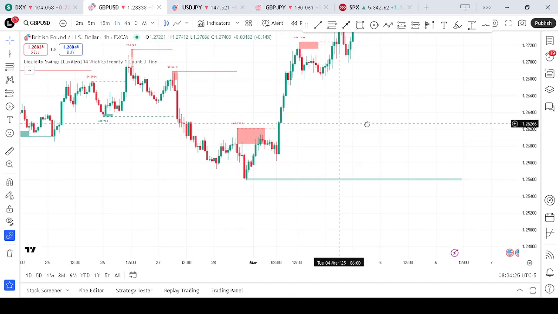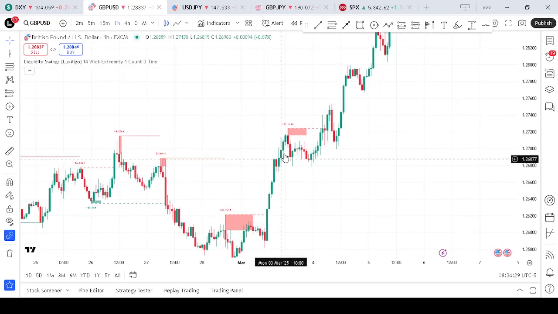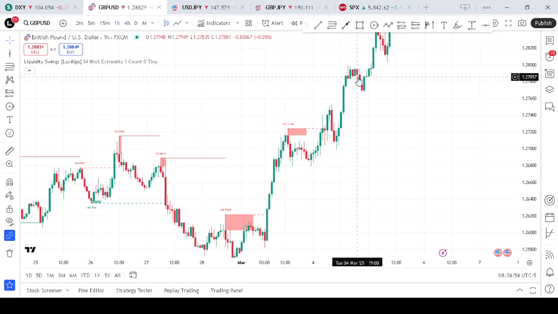Once price reaches this zone, we have to enter the trade at high probability zones where price is likely to react from.